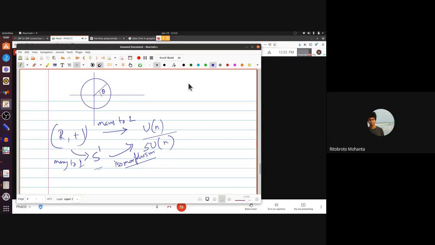0, 2 pi, 4 pi, dot, dot, dot. So the kernel of this homomorphism is actually 2 pi Z, which simply means to take the set of integers and multiply them by 2 pi.